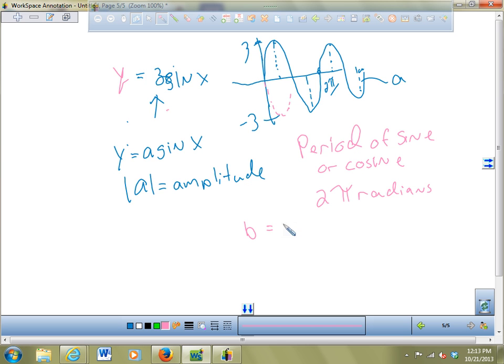Sometimes they call that the frequency. I call that the frequency, and in previous books I've used, they call that the frequency. But in this book, they just call it b. And so b is equal to 2 pi divided by the period. And conversely, the period is equal to 2 pi divided by the frequency.